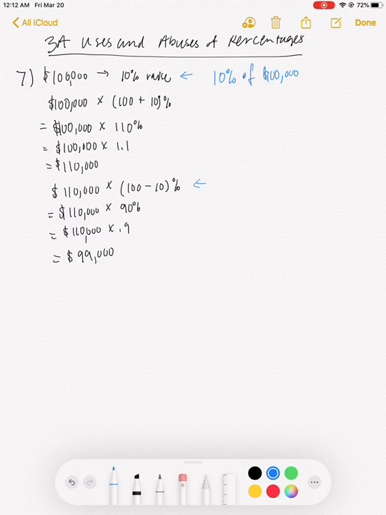In this step, we are finding a 10% cut of, okay, so this is the raise, this is the cut. We're affecting 10% of $110,000. Okay, and this difference in price here and here is the reason why you don't get the same amount when you go 10% raise and 10% cut.